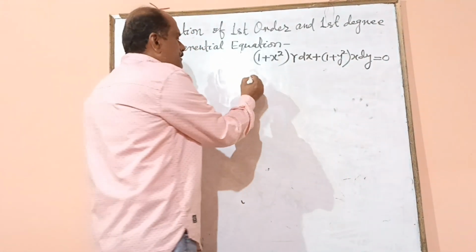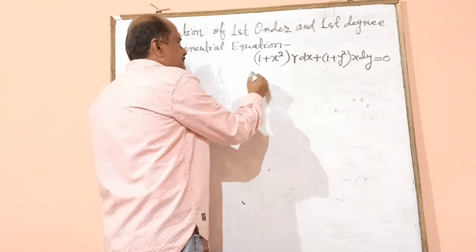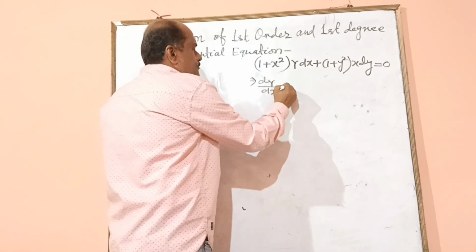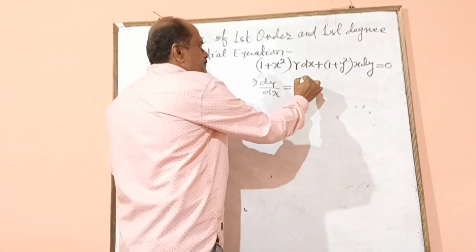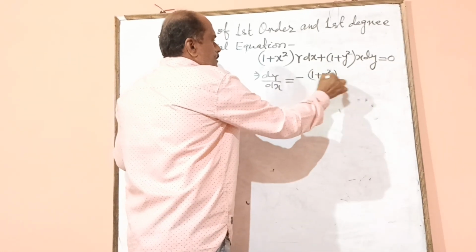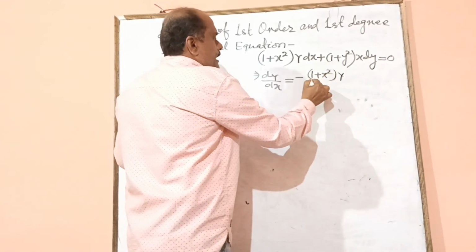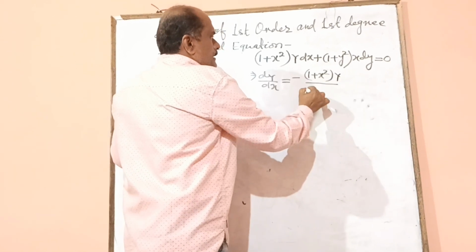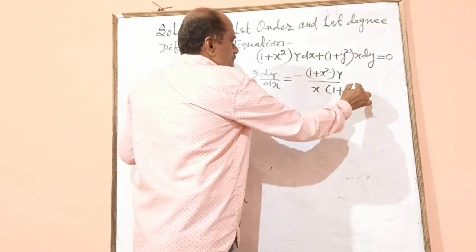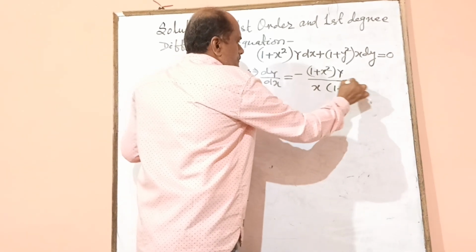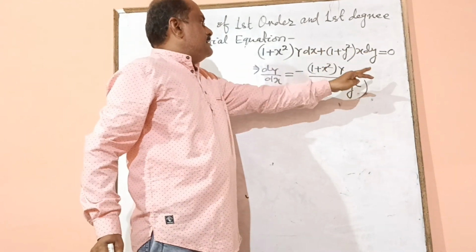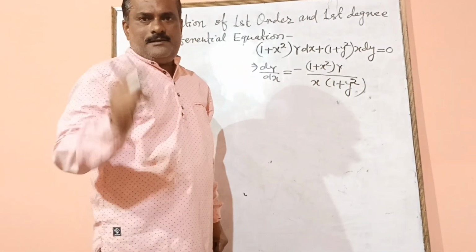What is the value of dy/dx? It is equal to minus (1 + x^2) y by x (1 + y^2), that is, dy/dx = -(1 + x^2) y / (x (1 + y^2)).